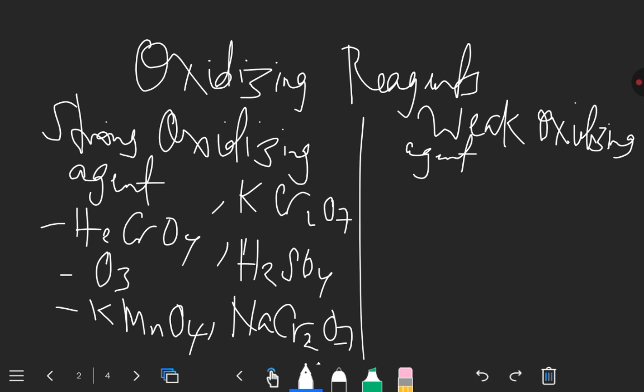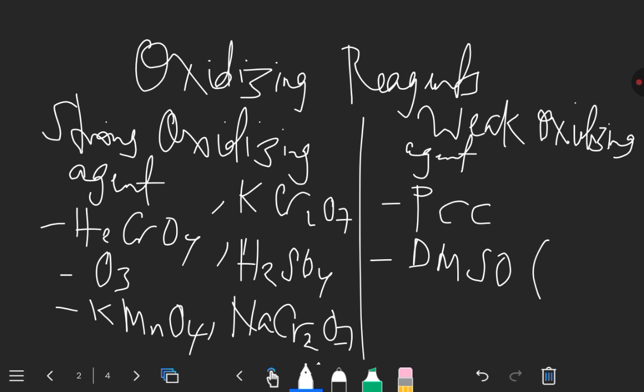But for weak oxidizing agents, we have substances like PCC, which is the pyridinium chlorochromate. Then we can also have DMSO.